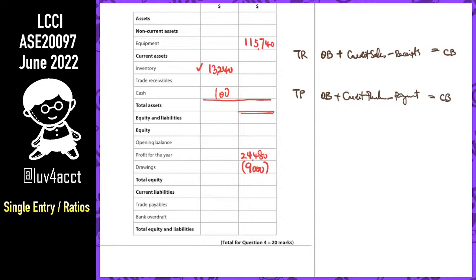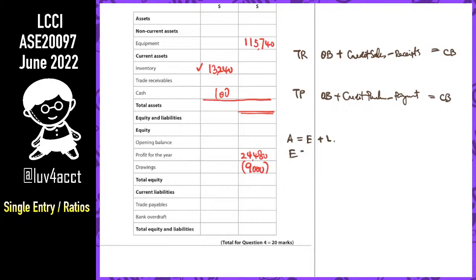Okay, we need closing balance. We have the three things in the left hand side of the equation. So that's it. We put all the items that we have. Opening balance of equity, we need to look at the opening balances, because in the accounting equation, asset is equal to equity plus liability.